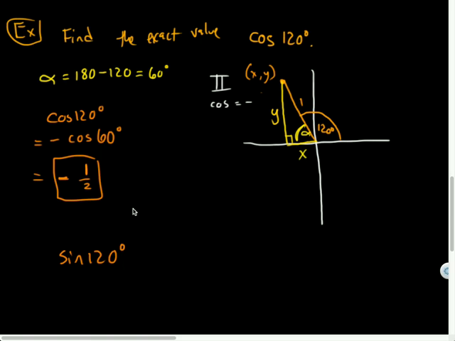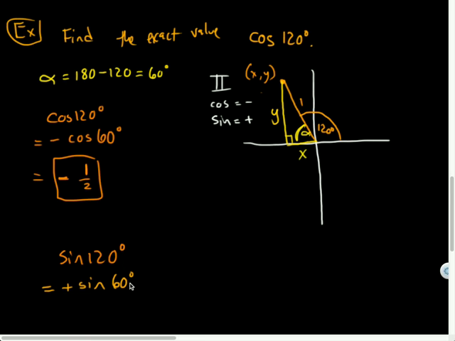Positive. So sine in quadrant 2 is positive. So sine of 120 will be the same as the positive sine of what angle? 60, because it's the same exact reference angle.